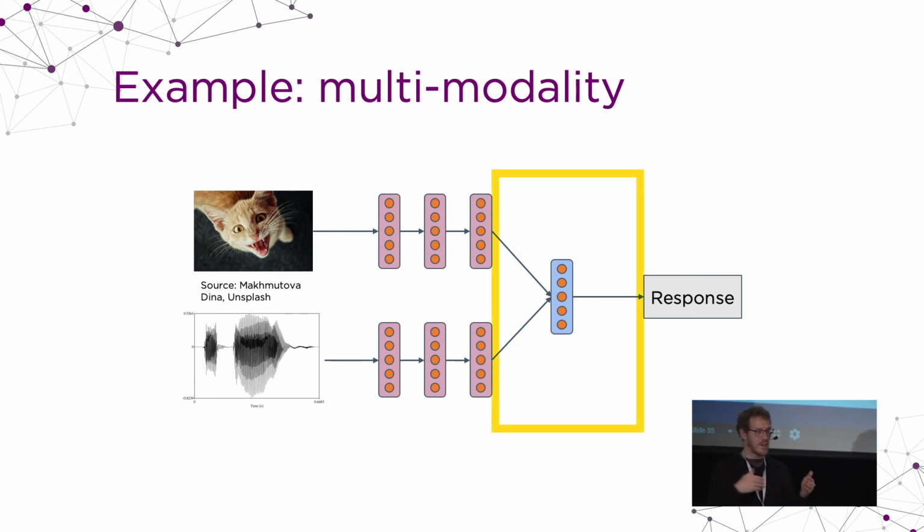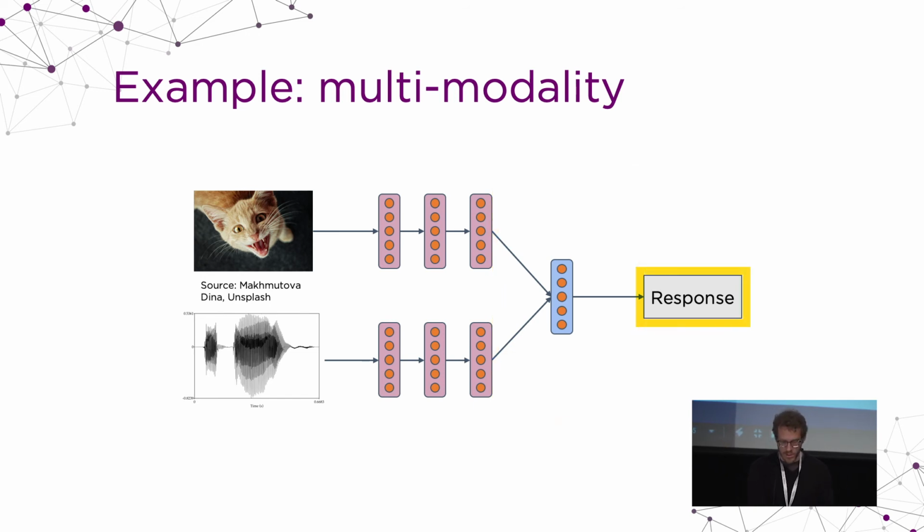It can be only a sum of the two representations, or I can concatenate the two vectors together. I can do different operations to merge the two representations, and I will give it to a decoder that will then do the prediction. And I can train this model to recognize objects visually and from the audio.